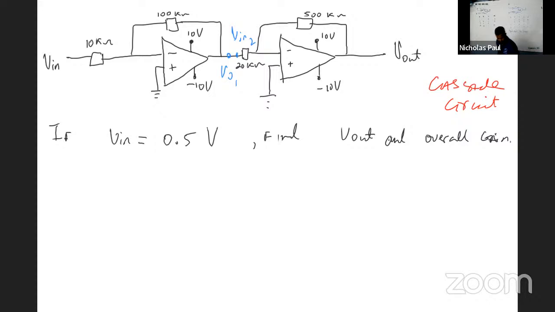Oh, Shabara, not there. Time for the first V in, first V out, and then go for the final V out.